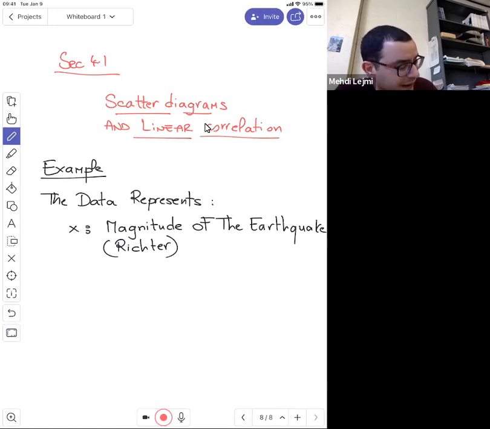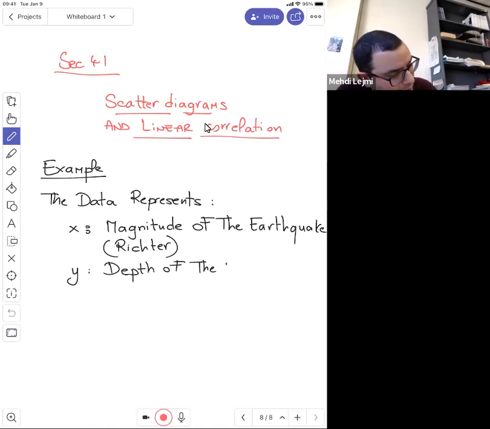And then we have a second variable, the variable Y, and we said Y represents the depth of the earthquake, right? That's the depth in kilometers, let's say.